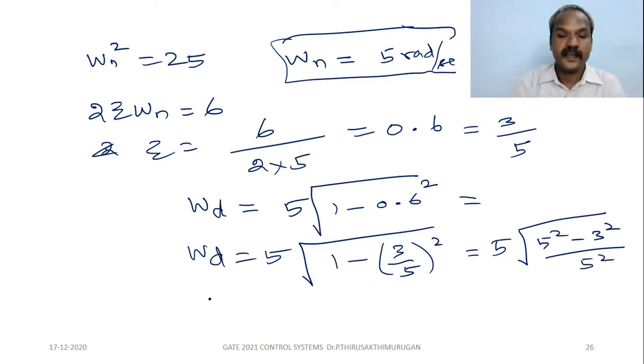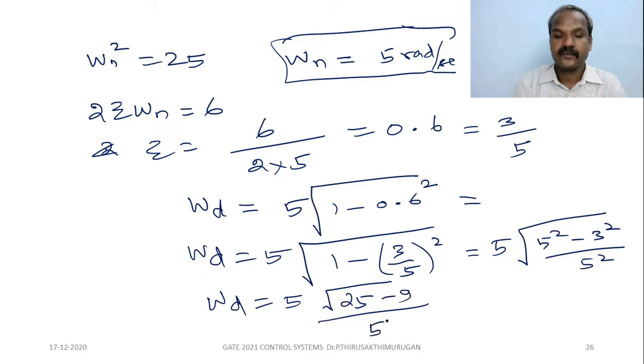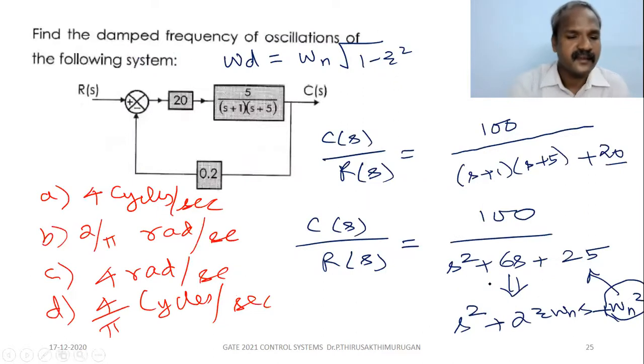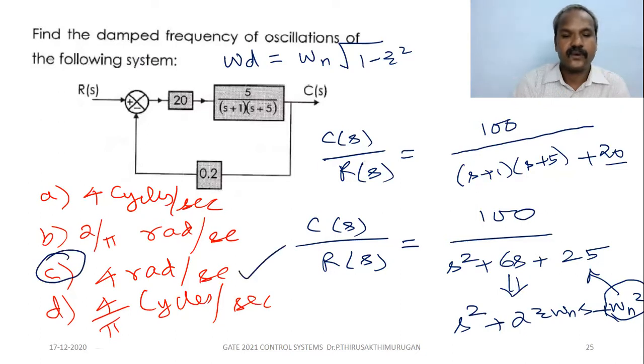So omega d equals 5 square root of 25 minus 9 divided by 5. So 5 cancels. 25 minus 9 is 16. Root 16 is 4 radians per second. Which is the correct answer? C is the correct answer, 4 radians per second. Understand?